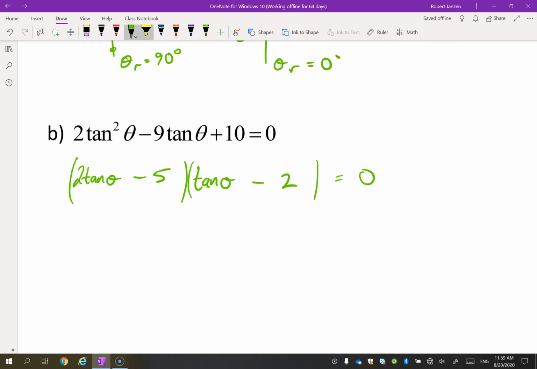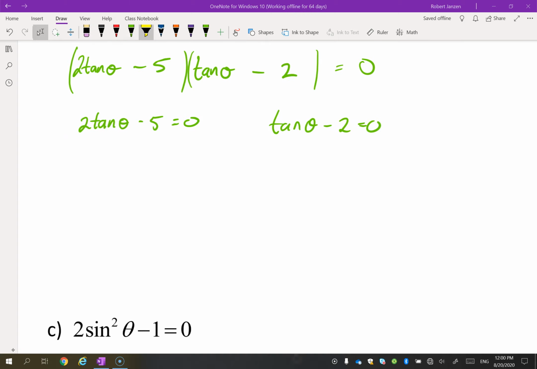Yeah, that works. So I have 2 tan theta minus 5 equals 0, and tan theta minus 2 equals 0. So tan theta is 5/2. Tan theta is 2. Tan is positive here and here.